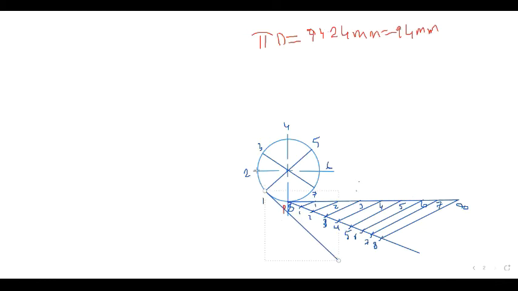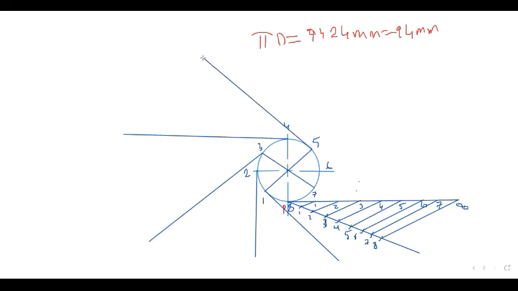Similarly at 2, this is perfectly 90 degree, and 3 is another using the 45 degree, and then 4 is again a 90 degree line. Then at 5 again using the 45 degree with the horizontal, we get the perfectly 90 degree. Then 6, this is the vertical line.